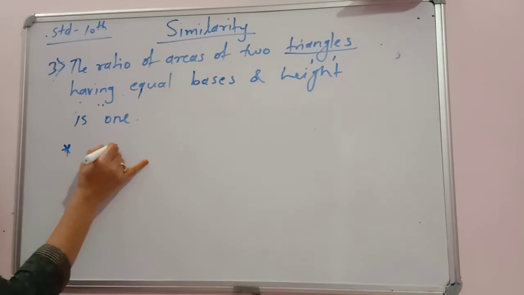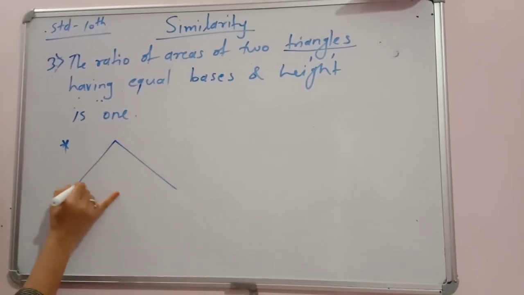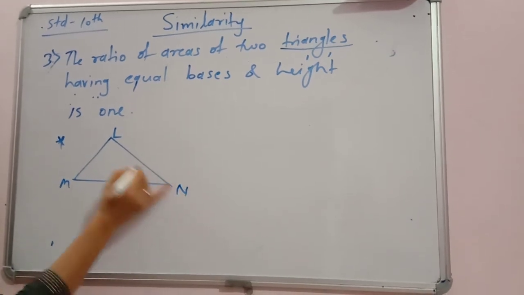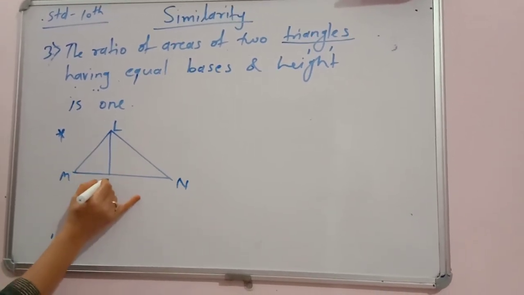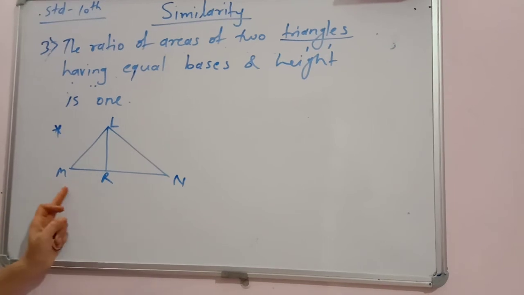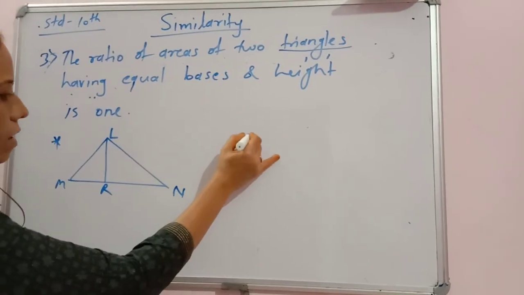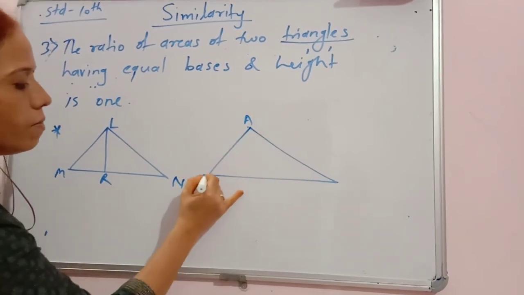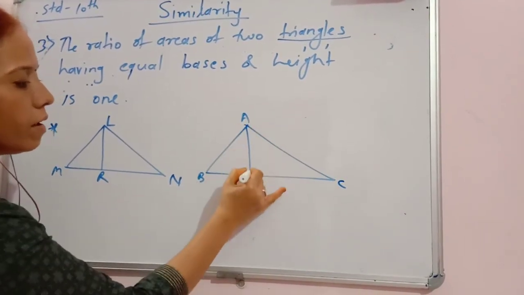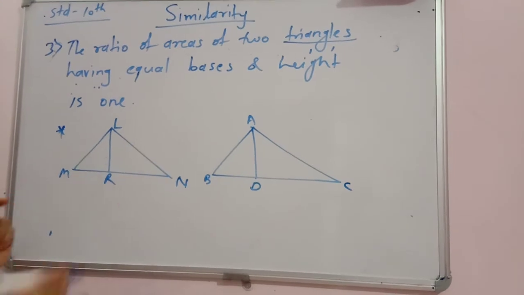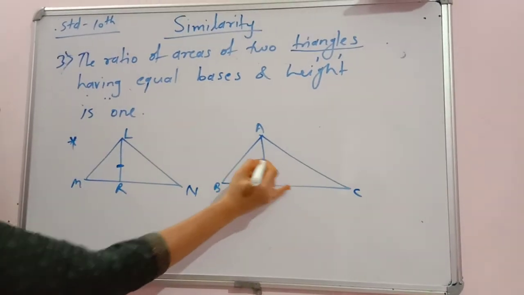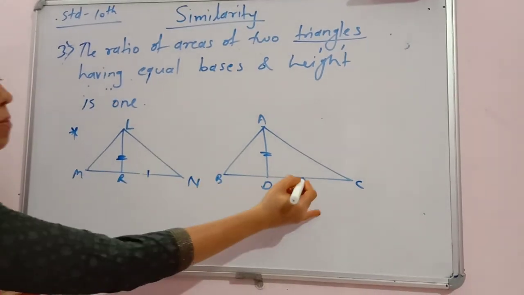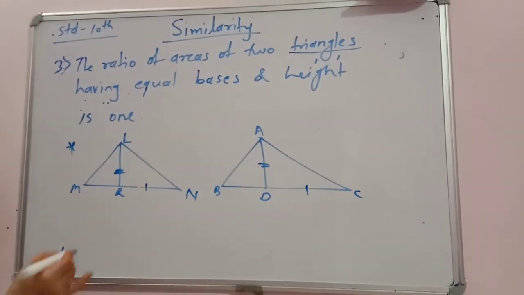For example, again two triangles are there. Triangle LMN has height LR and base MN. Triangle ABC has base BC and height AD. When this LR and AD are equal, as well as MN and BC are equal, then what will happen?